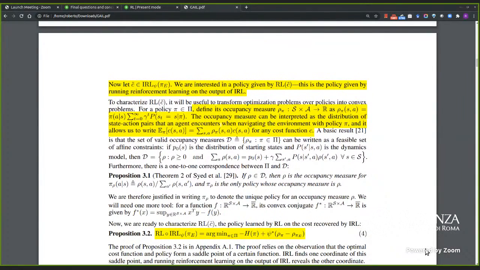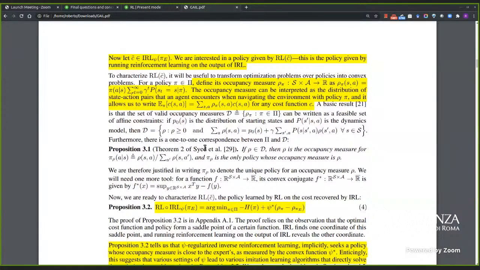Then here there are a bunch of propositions that we're not looking at, except this one, which is saying that we can characterize reinforcement learning over this cost function found by the inverse reinforcement learning algorithm as the argmin over the policies of this thing here.